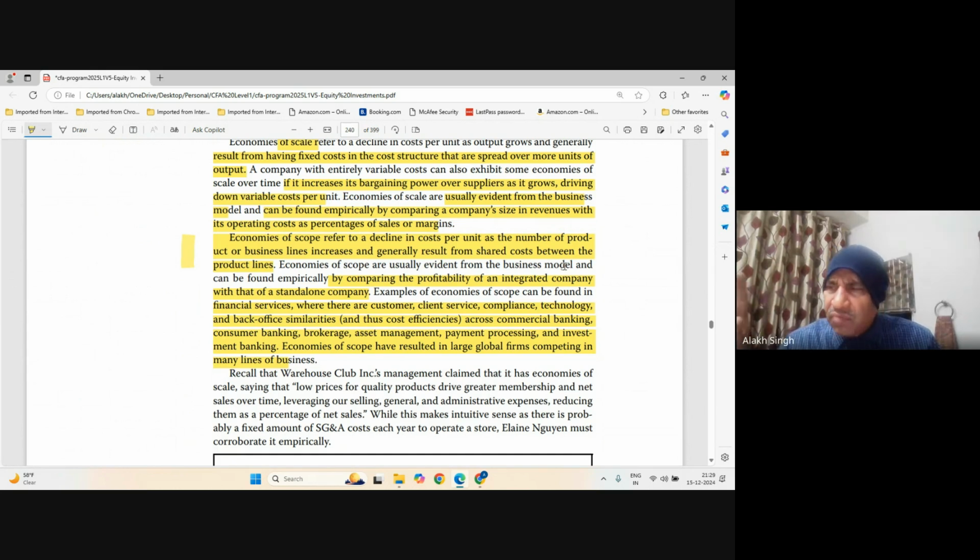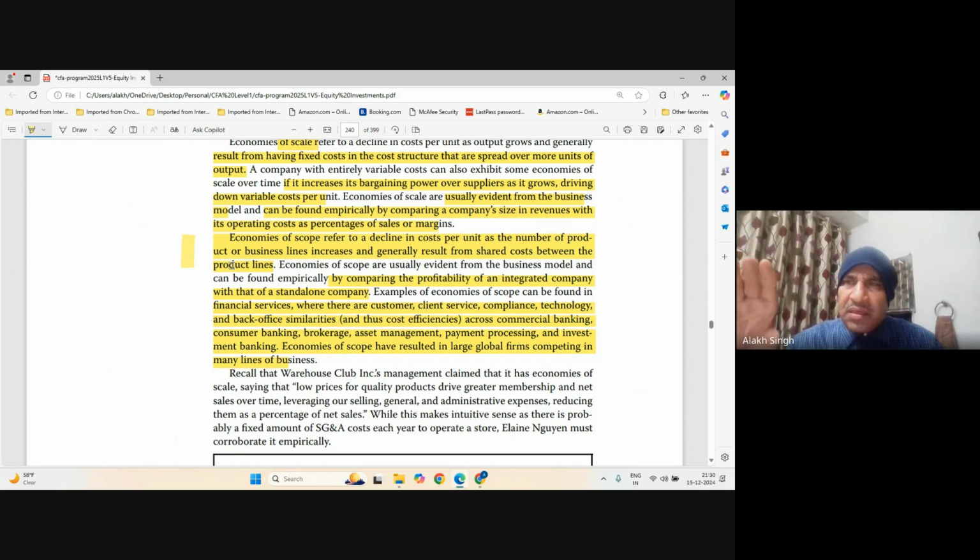So you're not selling one product, but more than one product, and it generally results from shared cost between the product lines. So all the product lines will share the same CEO, same management, and maybe total management is the same. There will be only one CEO. Building will be the same.